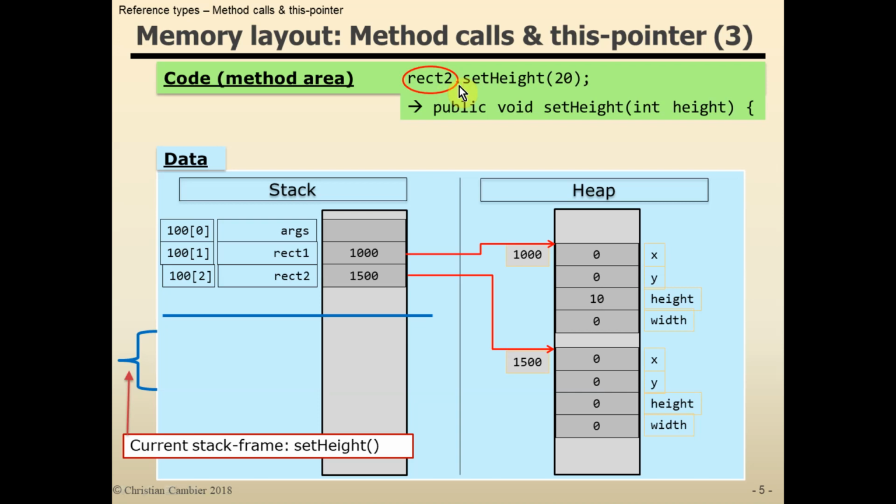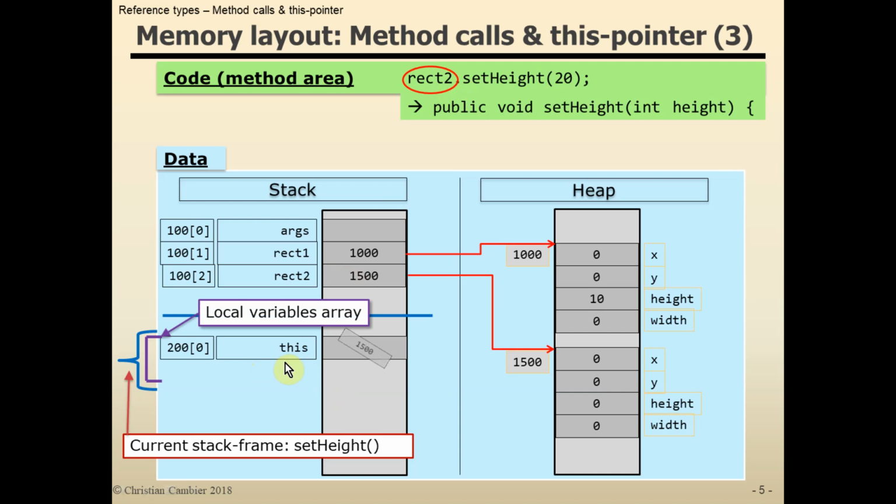So a copy of that value will be stored in the local variables array at the first position, denoted by the this pointer. This now points to the second object. Next, the height parameter, stored in the array with a value of 20, received from the invoker. And the stack frame is set up.